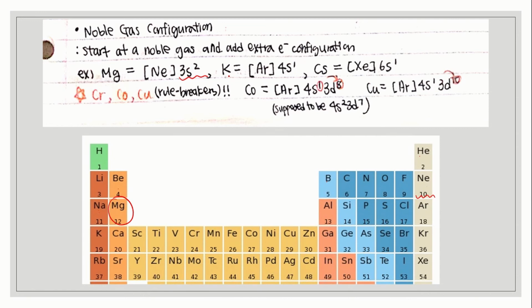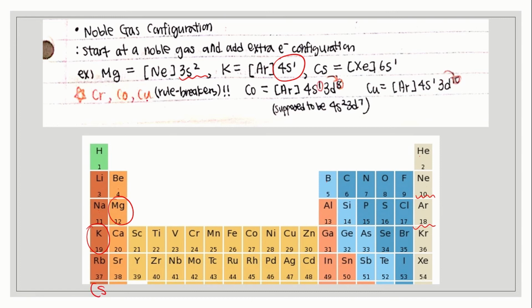And for potassium, you would choose argon, the most recent noble gas, and then add 1 electron more, which is 4s1, indicated in here. And for Cs, you would choose Xe and then add 1 more electron here, which is not shown, but this is where Cs is located.